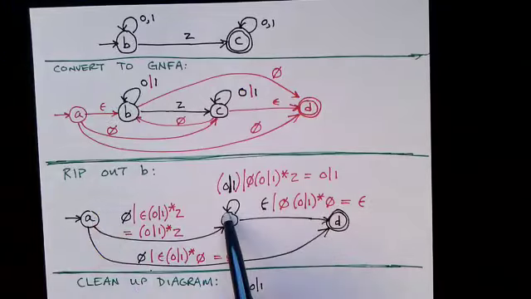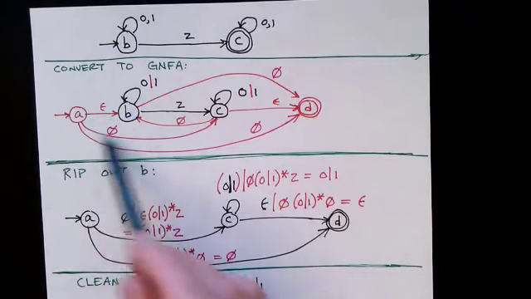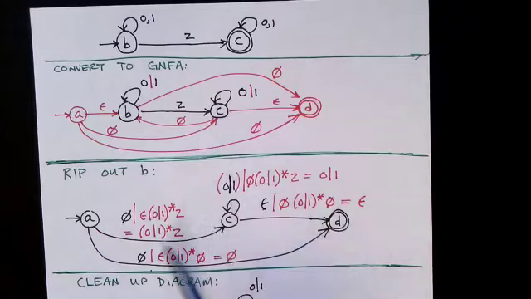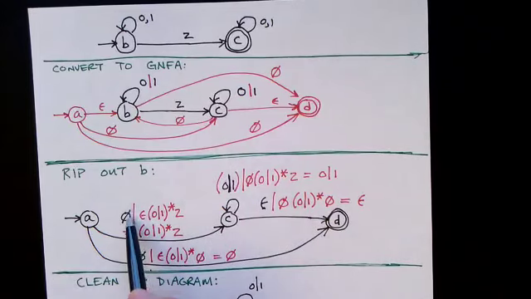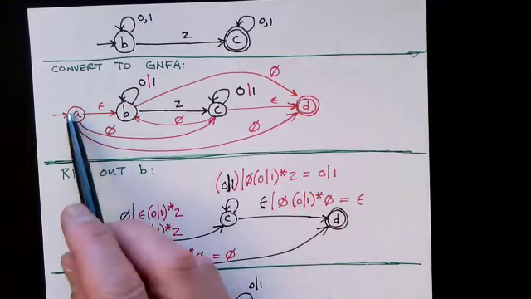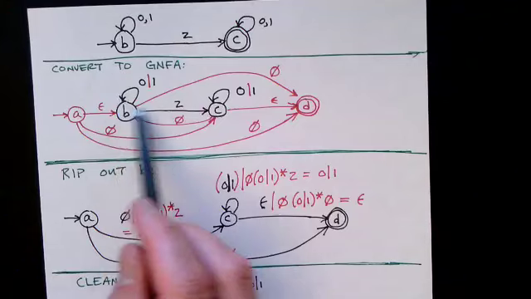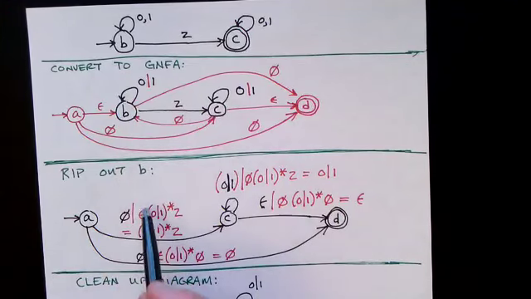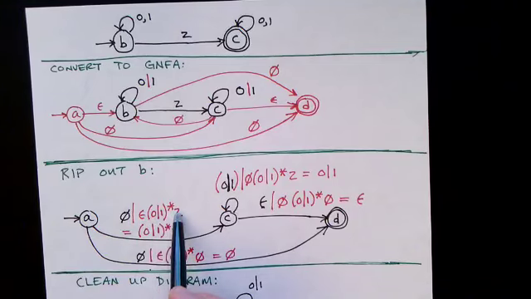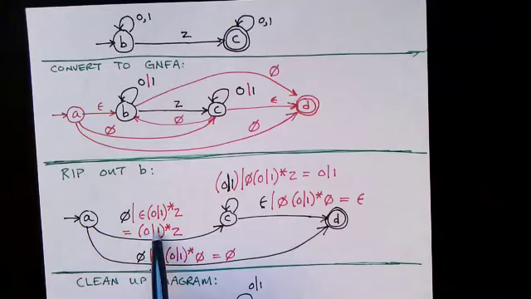To get from A to C, we have the empty set, but we could also do it by going the empty string followed by 0 or 1 starred followed by 2. So empty string followed by 0 or 1 starred followed by 2. And we can use our simplification to simplify this to just 0 or 1 star 2.